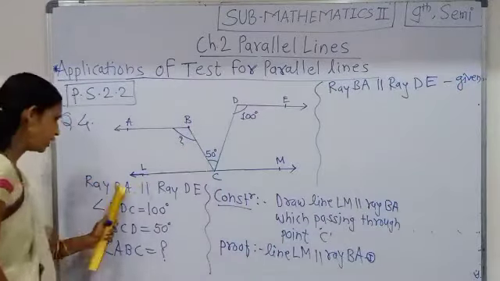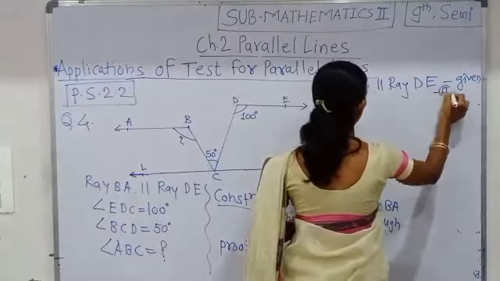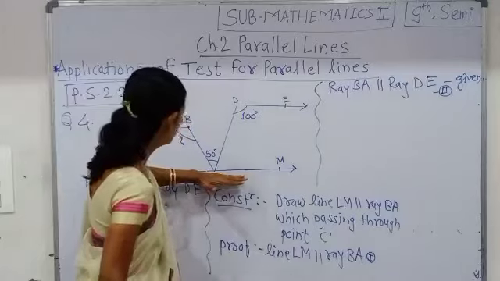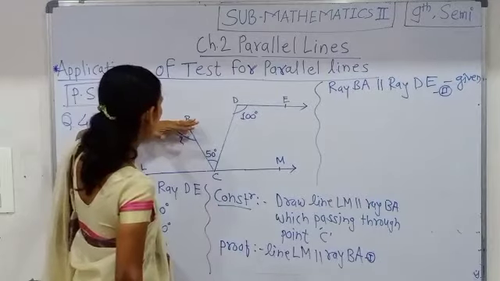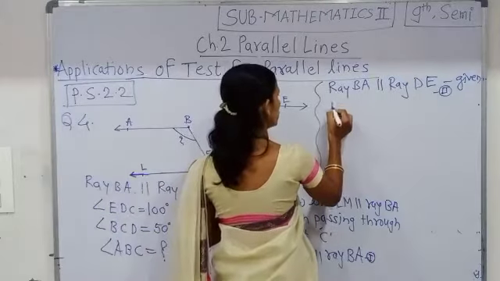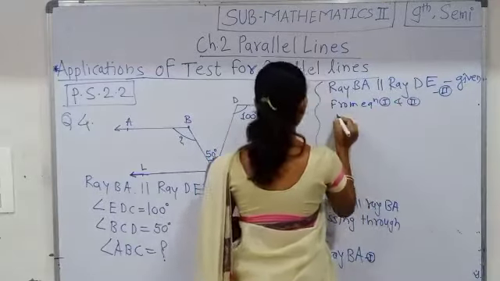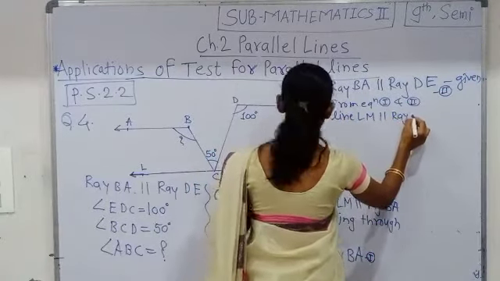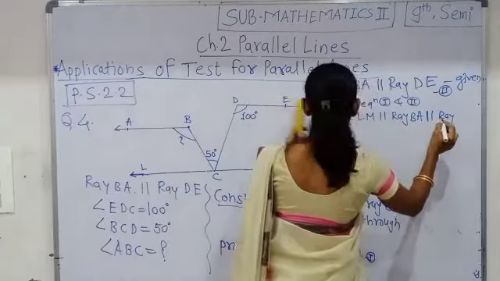Let this be equation 2. From equations 1 and 2, line LM is parallel to ray BA, and ray BA is parallel to ray DE. Therefore, from equations 1 and 2, line LM is parallel to ray BA, which is parallel to ray DE.